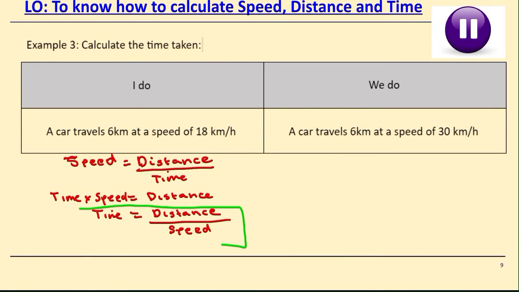We're now going to use this equation to answer the question. So let's first identify the distance, which is 6. Okay, and now we're going to identify the speed, which is 18 kilometers per hour.